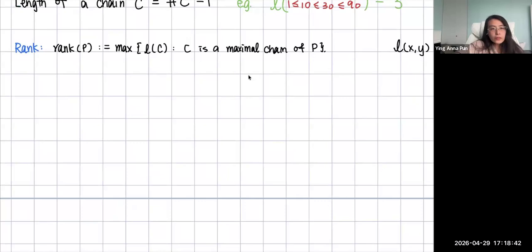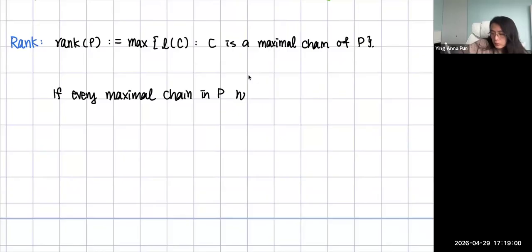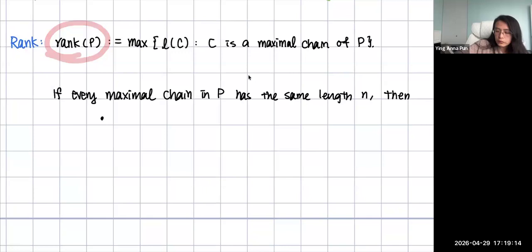Anyway, the rank of a poset is basically the longest length of a chain. And now it starts to get some fun. If every maximal chain in P has the same length n, then basically when you're trying to find the rank of P, you look at all the maximal chains and realize you don't have to do any comparison, because every single maximal chain is the same.